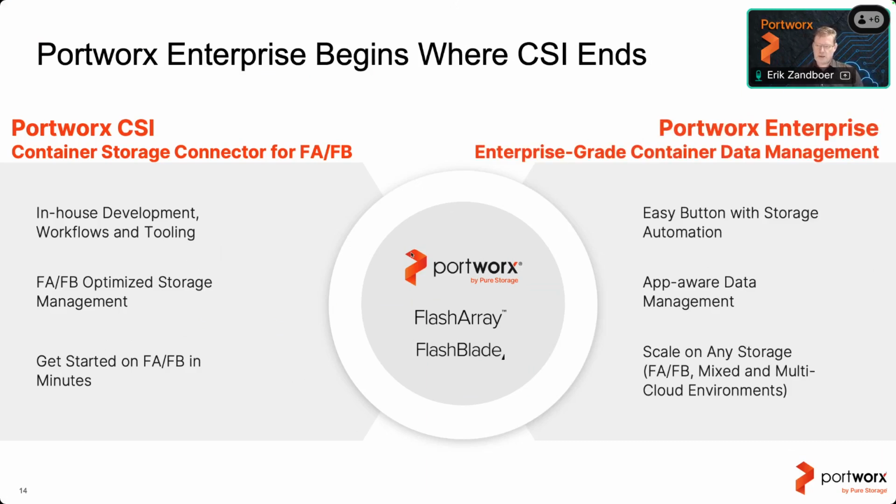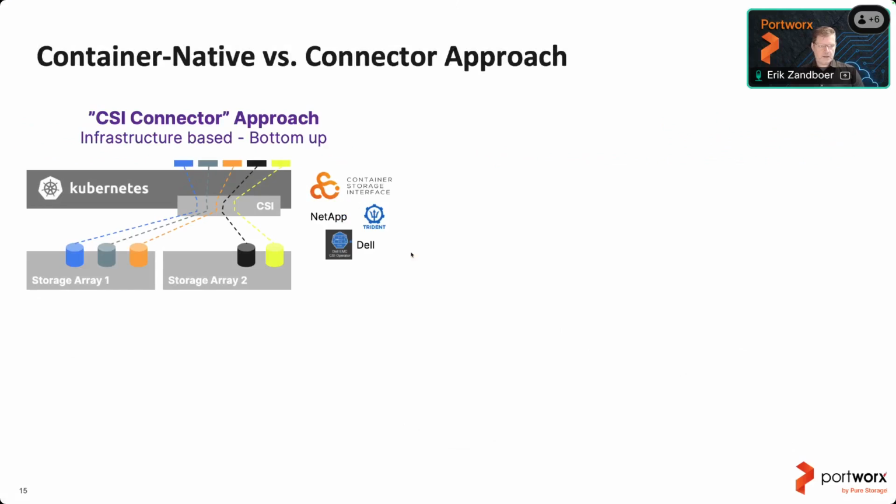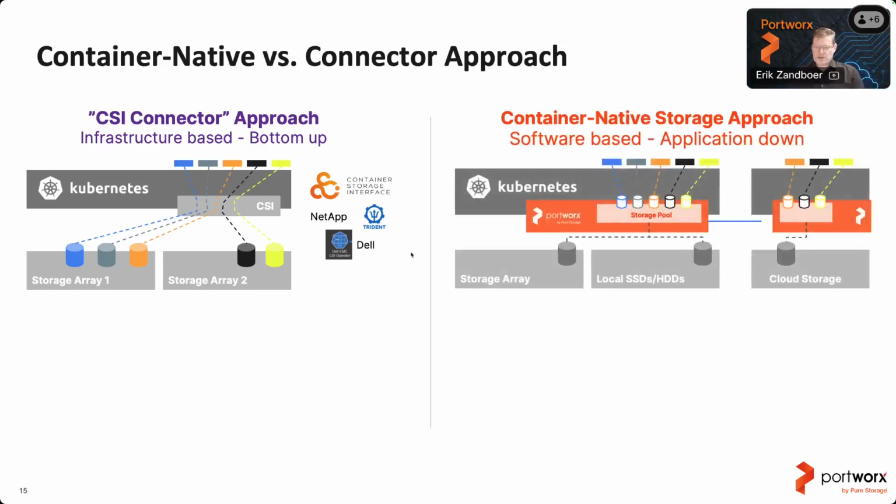What we're doing in Portworx Enterprise has a completely different architecture, as you can see here. So this is what we already talked about, right? This is a standard CSI connector approach. So there's a LUN on a storage array, and it translates directly up through the CSI driver into a PV on Kubernetes. What Portworx Enterprise does is it builds a storage layer that lives inside Kubernetes.